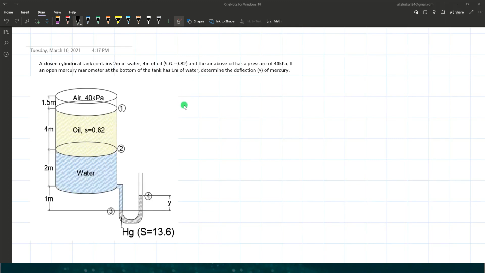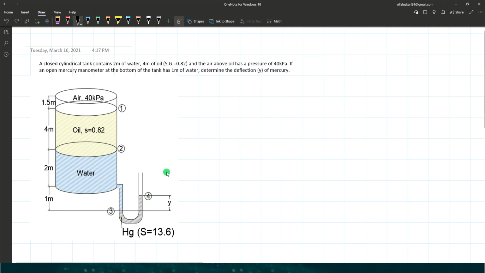Okay, problem number 3. A closed tank contains 2 meters of water, 4 meters of oil, and the air above the oil has a pressure of 40 kilopascal. If an open mercury manometer right here at the bottom of the tank has 1 meter of water, determine the deflection y of mercury.